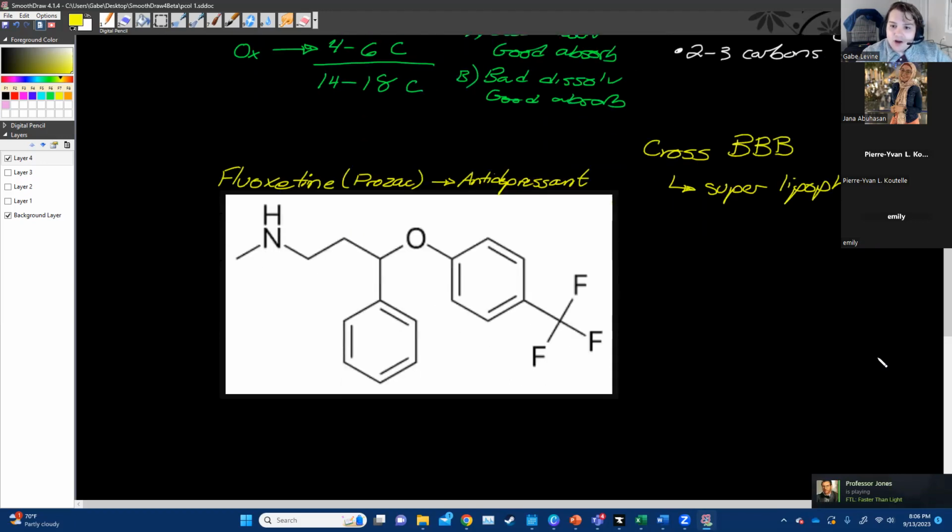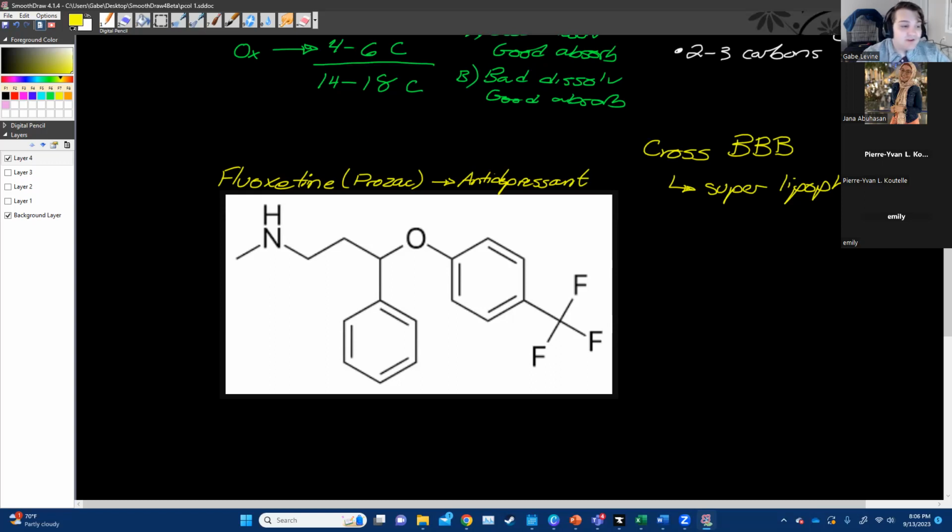So carbons alone don't get you past the blood-brain barrier. You need to have certain functional groups that allow you to increase the lipophilicity of the drug, but still maintain certain functional groups. Because remember, fluoxetine still needs to fit in a certain receptor or an enzyme or a region of the neuron.